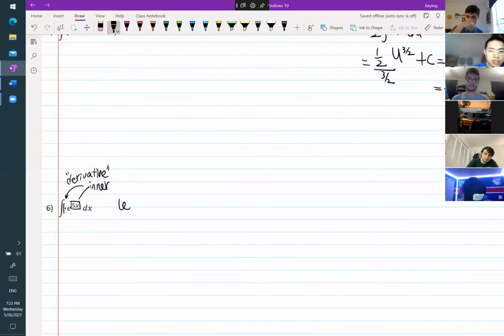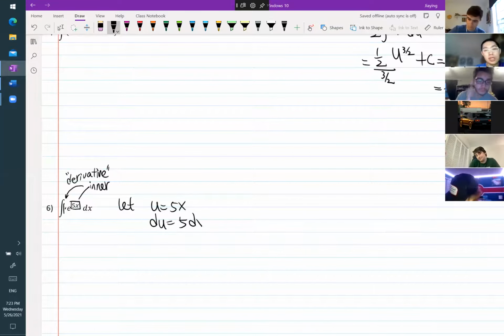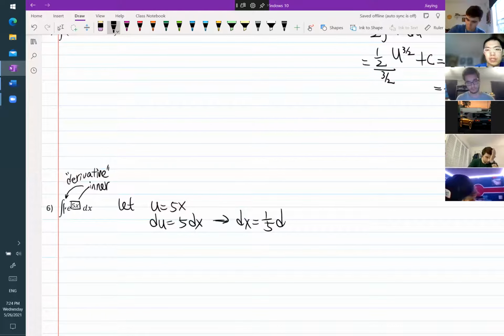So you just let u equal the inner function 5x, and then use the chain rule: du equals 5 dx, and then solve for dx. So dx equals 1 over 5 du, or du over 5. Then I take the u and the dx and use substitution there.